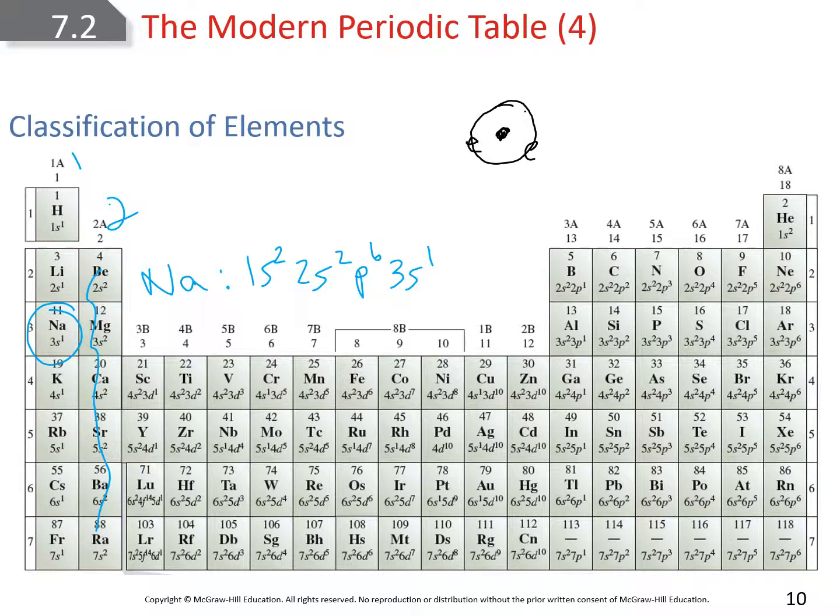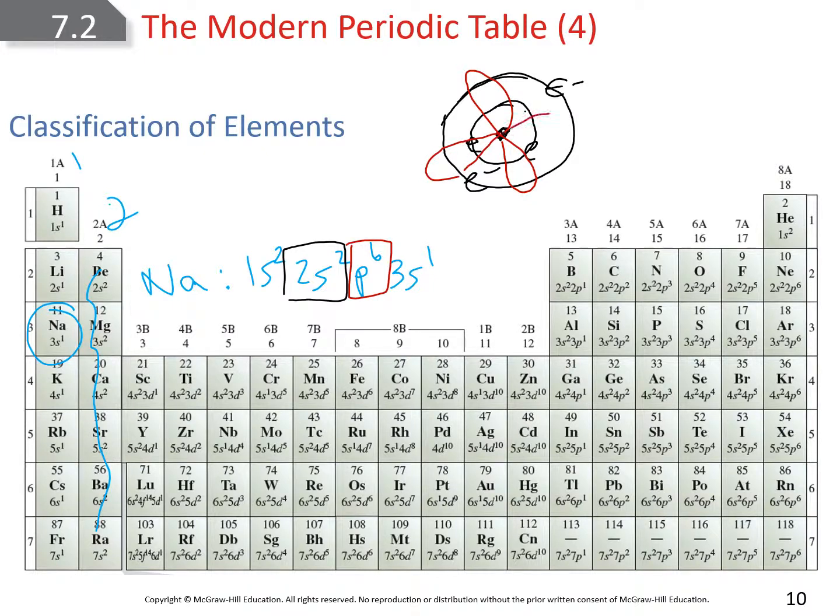My next orbital is 2s2, and it has 2 electrons. The next one is p6. It's got a full p shell, so I'm going to say 1 pair, 2 pair, 3 pair.